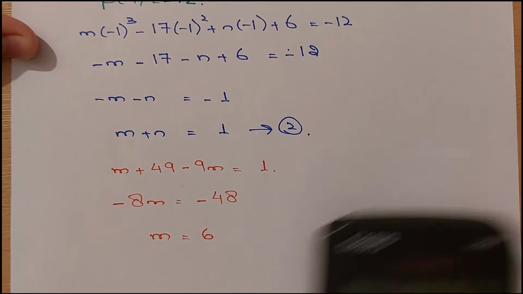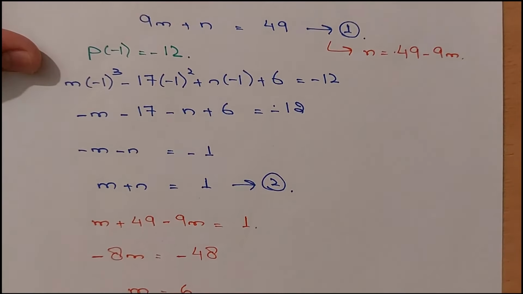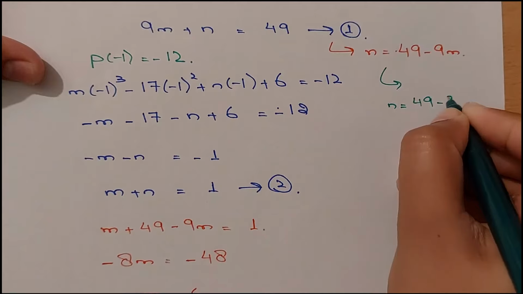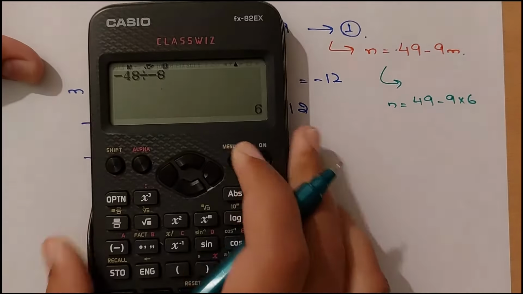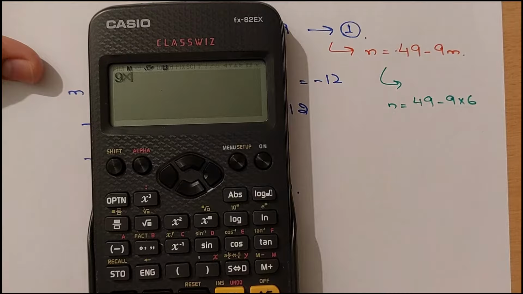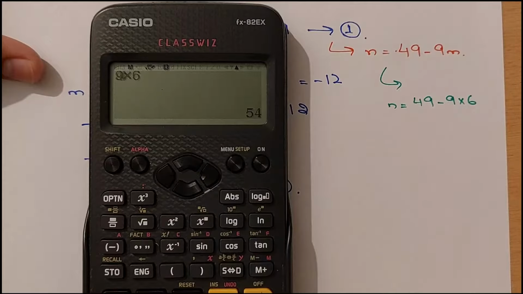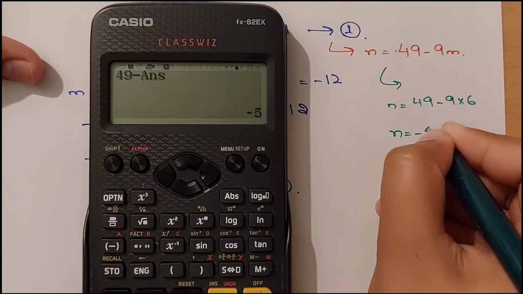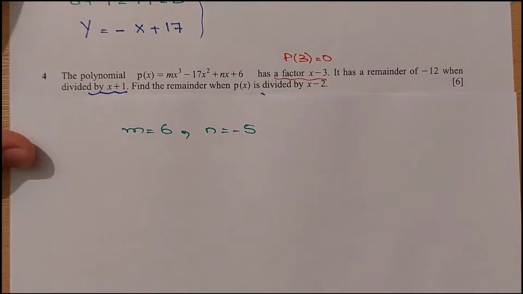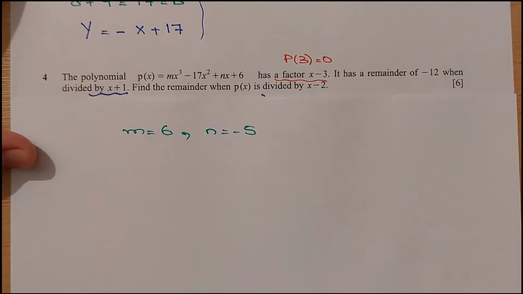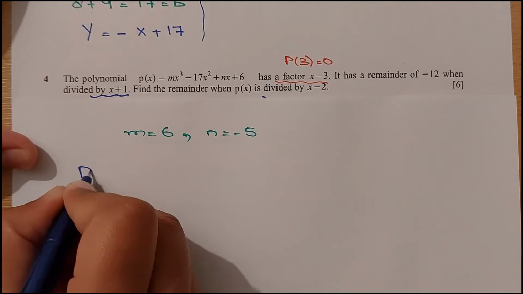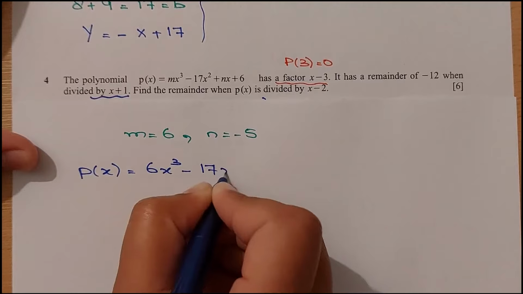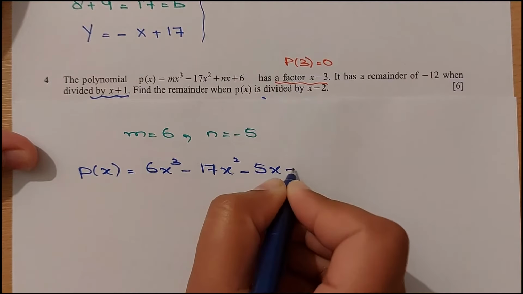Substituting m equal to 6 into the equation for n, we get n equals 49 minus 9 times 6. 9 times 6 is 54. 49 minus 54 is minus 5. So the n value is minus 5 and m is equal to 6. Now we got the values for m and n. Now the polynomial p of x is equal to 6x cube minus 17x square minus 5x plus 6.